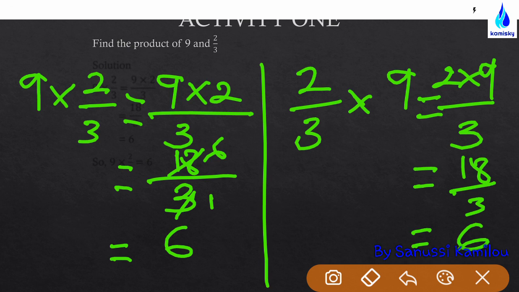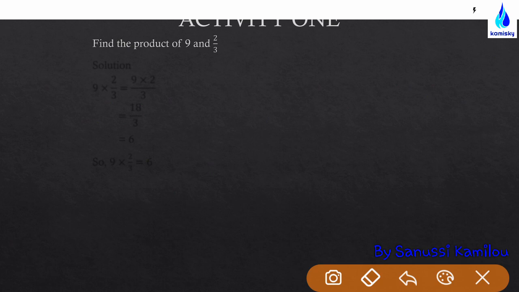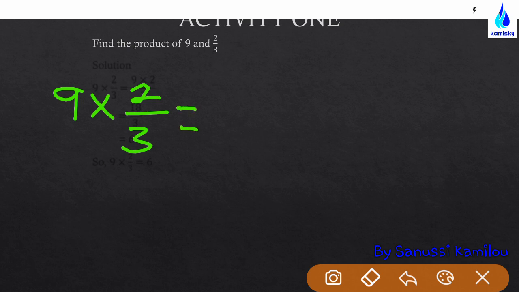Very good. Now I want to show you another way of solving this particular question. Look at this. Our question is 9 times 2/3, or 2 out of 3. You can still do your multiplication before that.